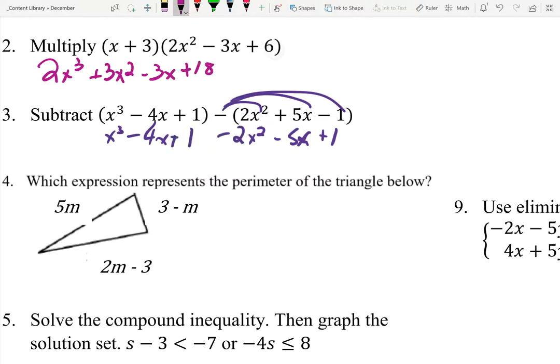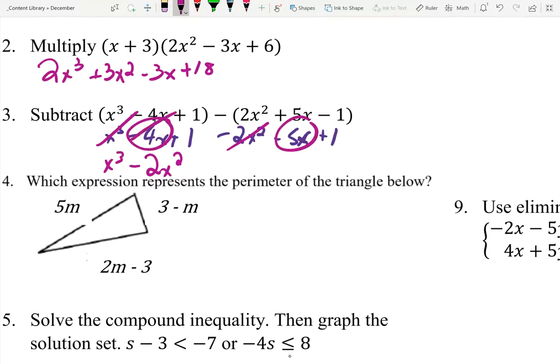There is no like term for x to the third, so it's going to remain x to the third. There is no like term for the x squared term, so it's going to remain a -2x squared, because remember, you subtracted it, which turned it into a -2x squared. Then we have a couple x terms. We got -4x and -5x.